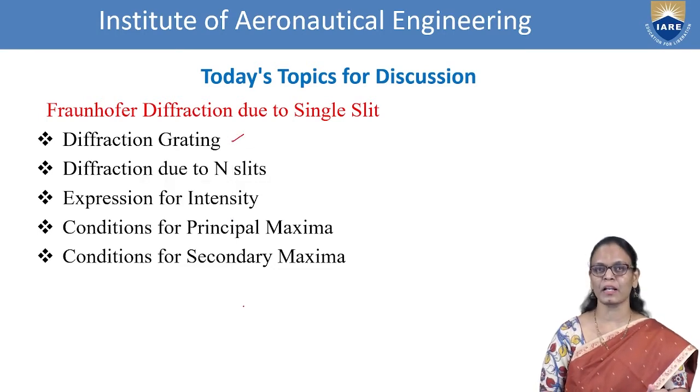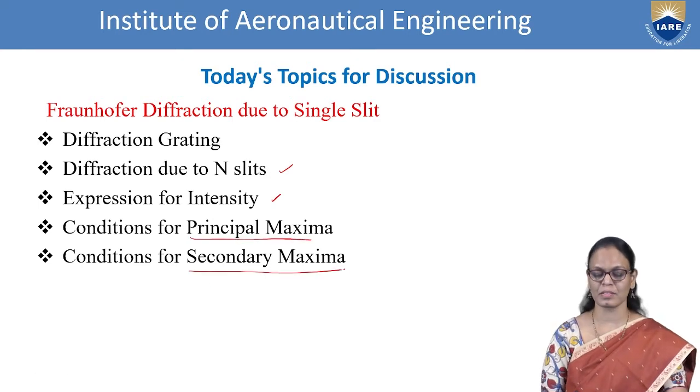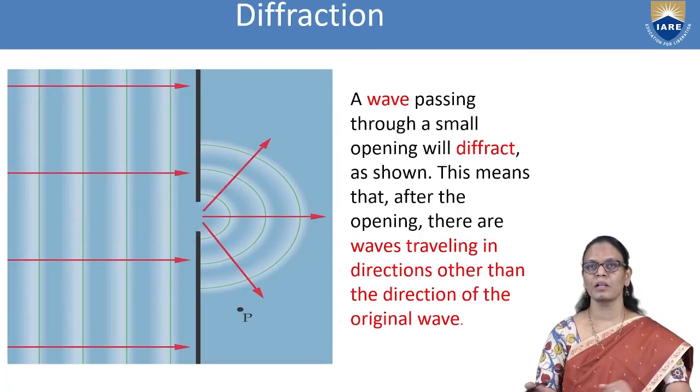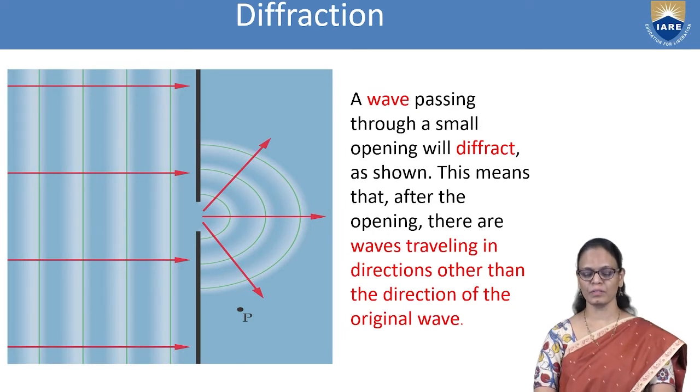So in a grating, how we are getting n slits, and then what is the expression for the intensity of the pattern that is obtained due to n slits, then the condition for principal maxima and secondary maxima.